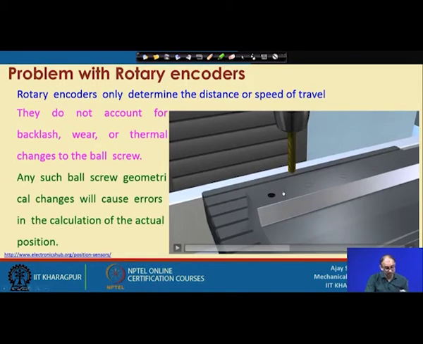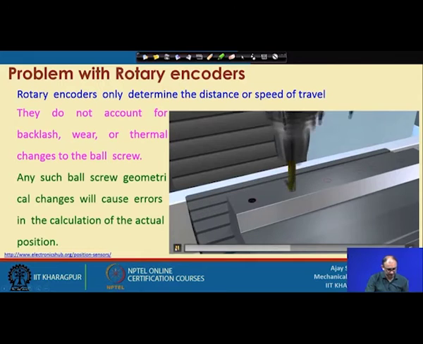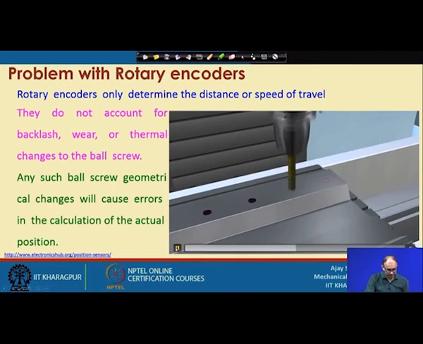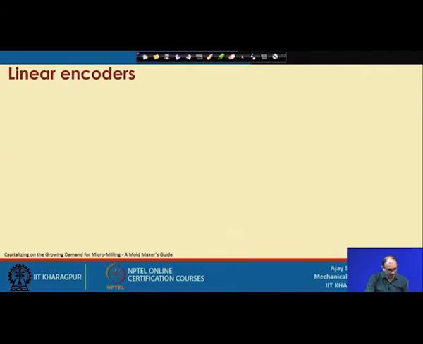Let us see what the problem of location accuracy is because of this thermal error. You can see that here it is actually matching the desired dimension of the red color circle, but as you move from here to here, you can see there is a shifting of the red circle from the drilled hole. So, this is the problem here.